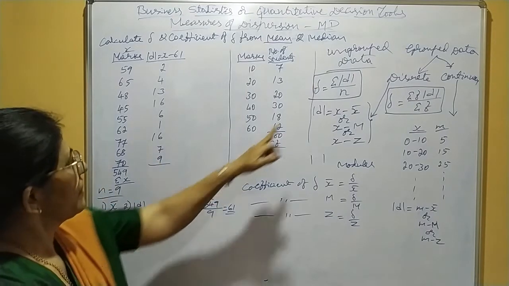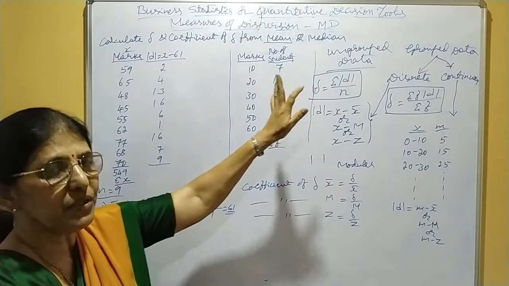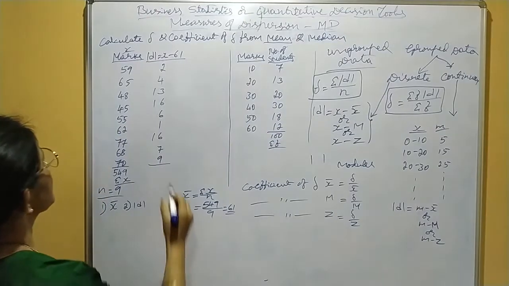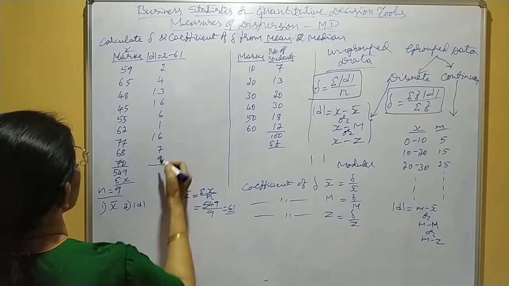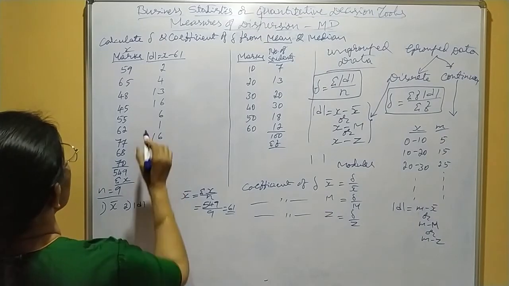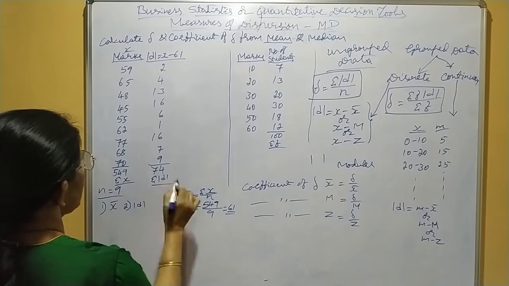Now, to apply the formula, we need sigma modulus D. Sigma means total of modulus D. It is 74 sigma modulus D.